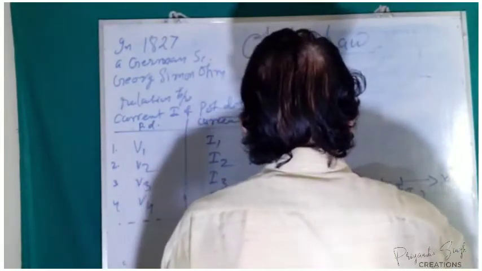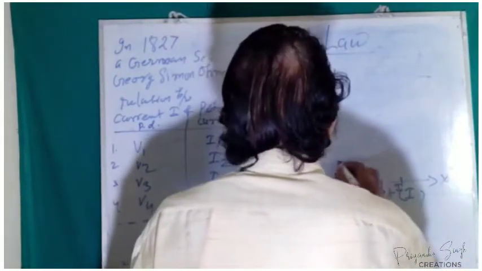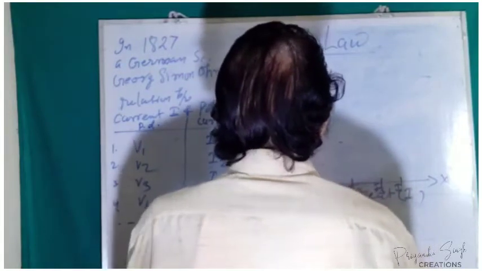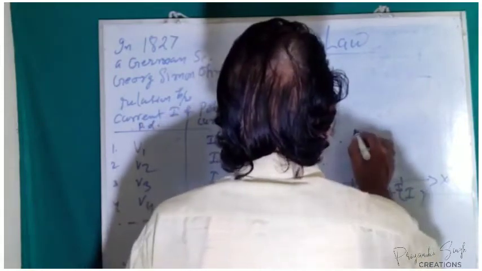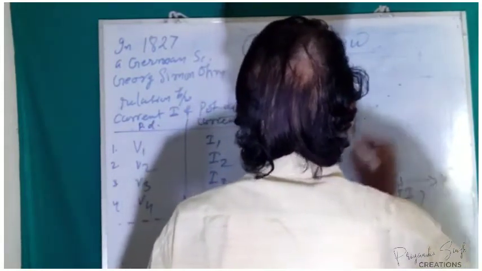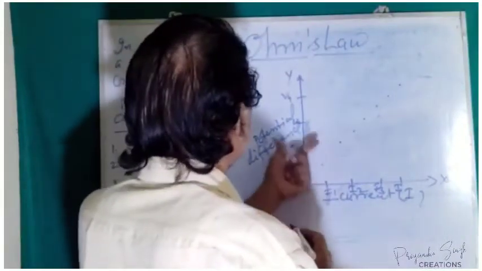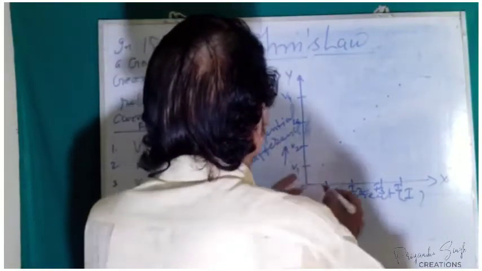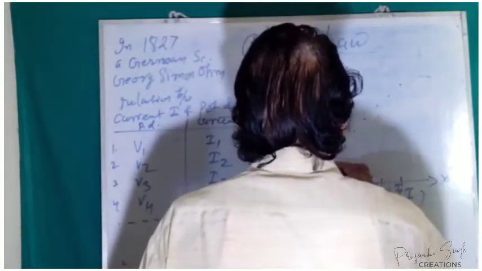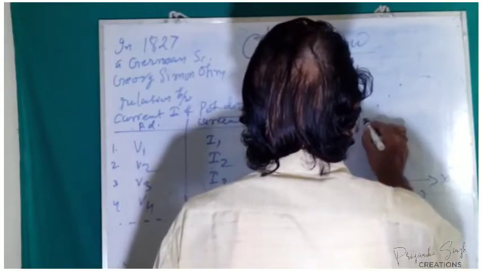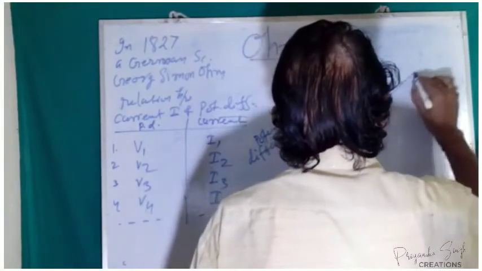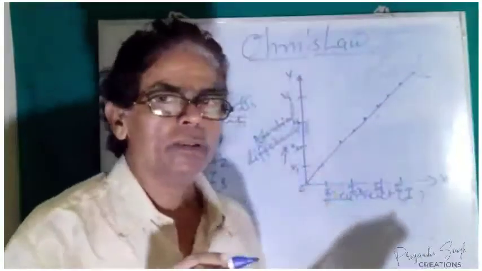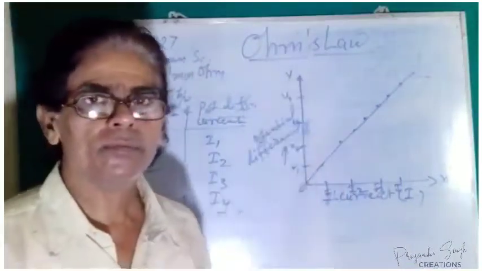If we cross the current axis with the potential difference axis, we get a straight line. That is, when these two are extended in the upward direction, they intersect each other at specific points, and if these points are joined together, they constitute a straight line.